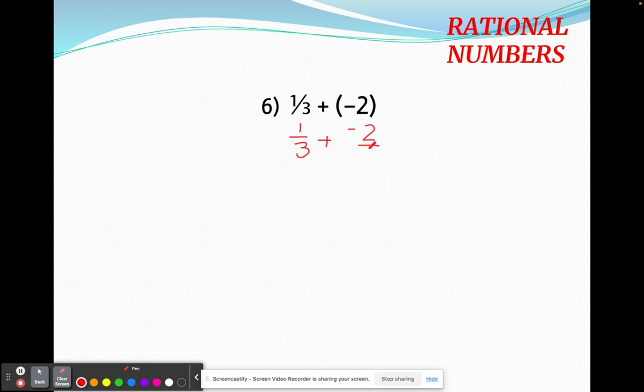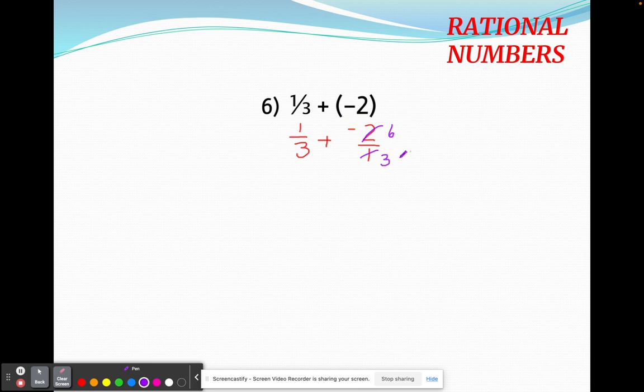When I add fractions, I need to have common denominators, so I'm going to rewrite this with the denominator of 3. So times 3, this would be 3, times 3, this would be 6. Now I have a positive 1/3, negative 6/3.